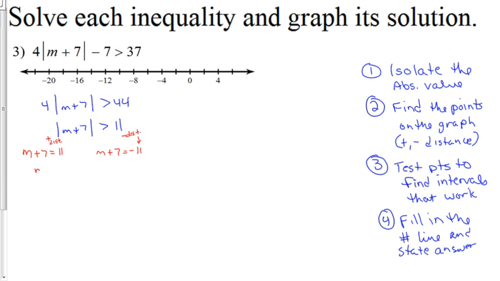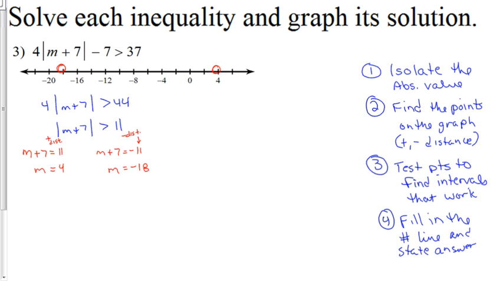So solving both of those, I'm going to subtract 7 from both sides. I get 4 for that one, and negative 18 for that one. So these right here, open circles, closed circles with an equal to attached. These right here are right here and right here.